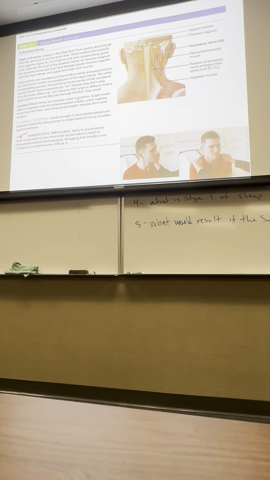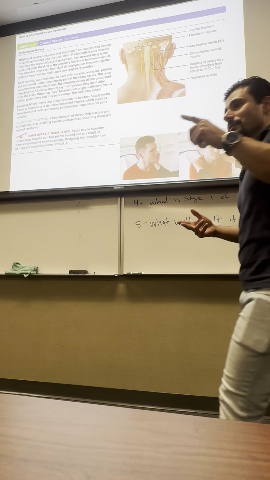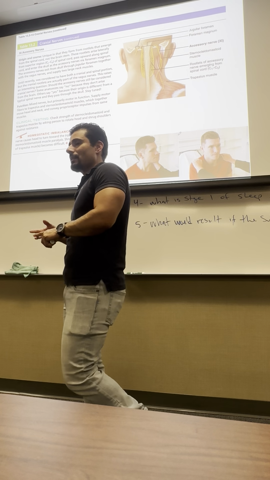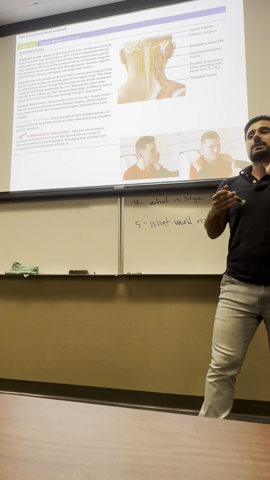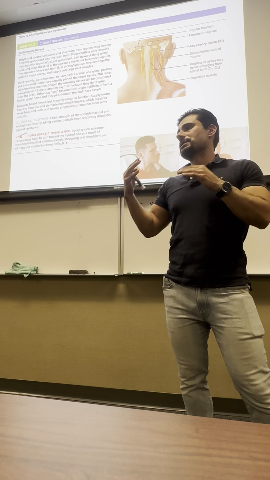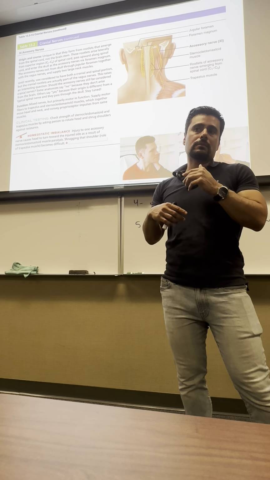11 is the accessory nerve. Is it sensory, motor, or both? Motor. It's going to innervate two muscles. What two muscles? Neck and traps. The traps and the sternocleidomastoid, right? So how do we test for this clinically? Basically, going against resistance. We said the sternocleidomastoid, when it works unilaterally, is for rotation, right?